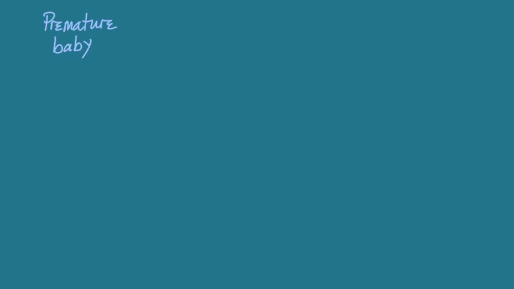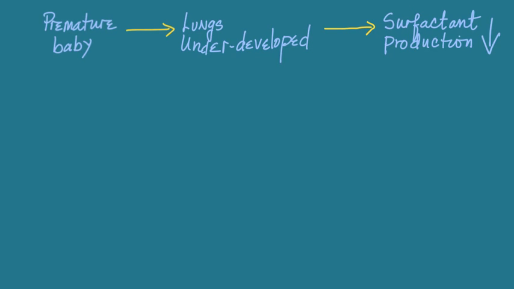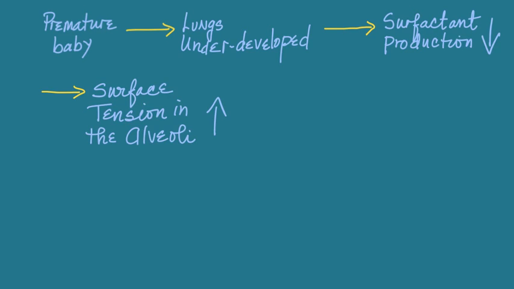So let's see how a premature baby or a neonate ends up with respiratory distress syndrome. When a baby is premature, the lungs are underdeveloped and the level of surfactant production is quite low. When there is no surfactant or very little surfactant, the surface tension in the alveoli increases and is quite high.